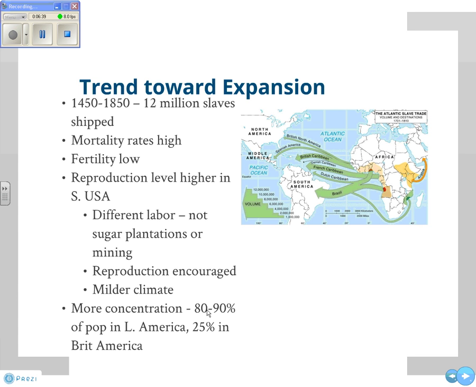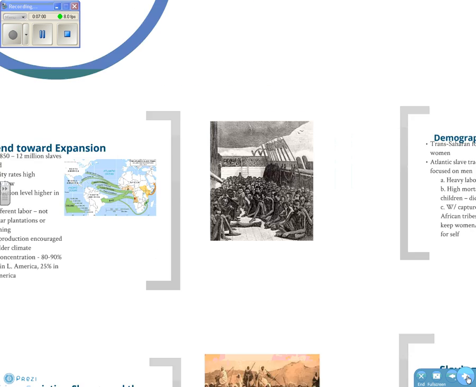Down in Latin America, the concentration is much higher, particularly in the Caribbean. In the Caribbean, the slaves or people, even free people of African descent plus slaves can add up to 80 to 90% of the population in Latin America, whereas it's never much more than 25% in British North America.